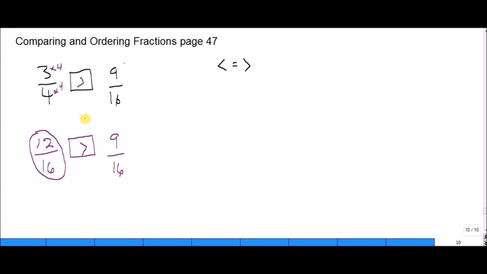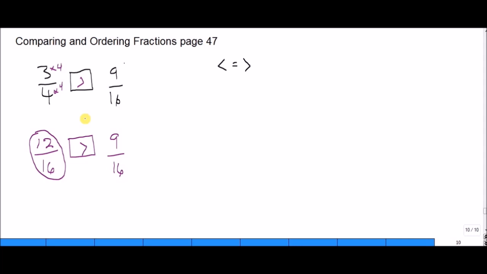They go on to say that if the numerators of the fractions are the same, the fraction with the larger denominator is smaller, and we can use the fraction board to compare. So that's another approach that you can take.